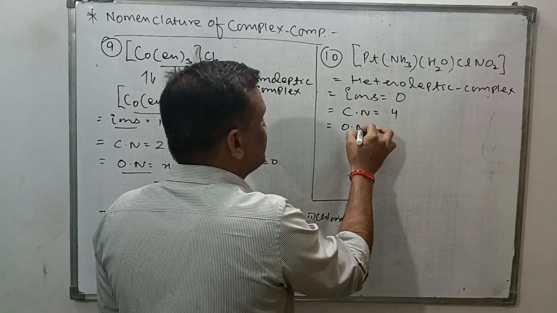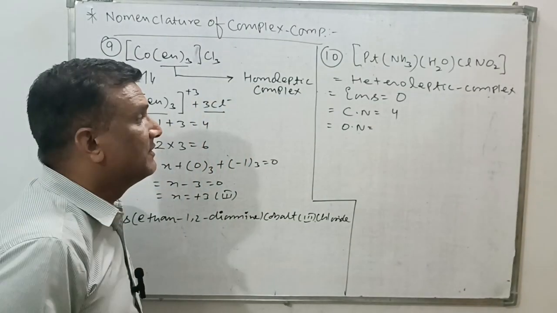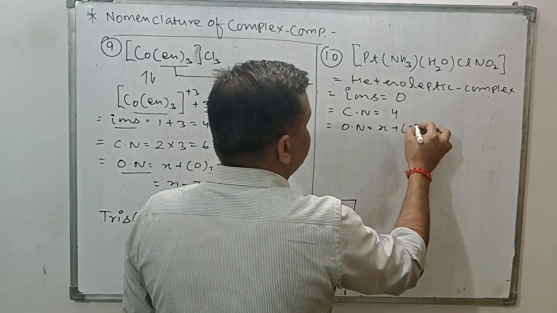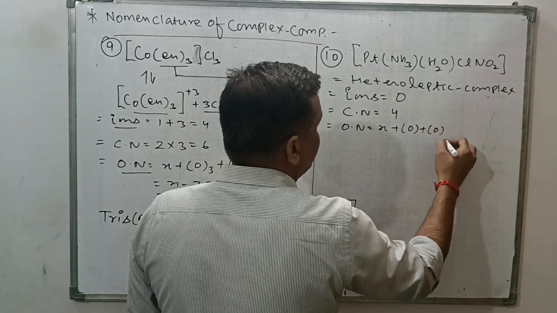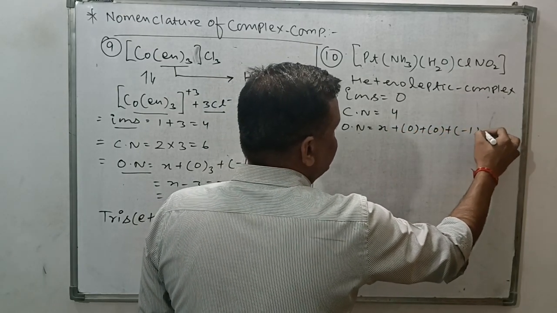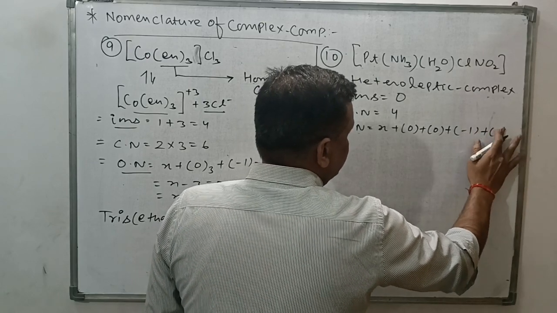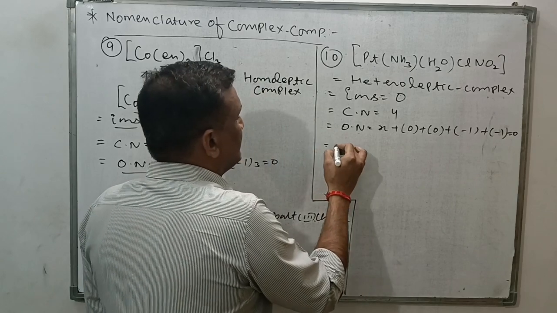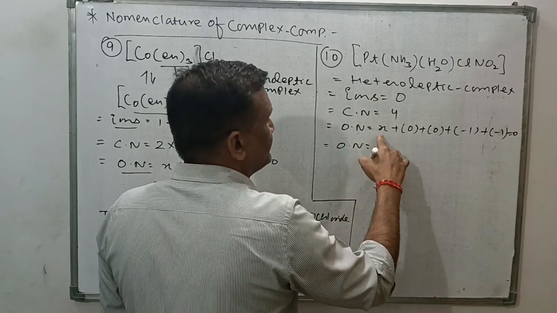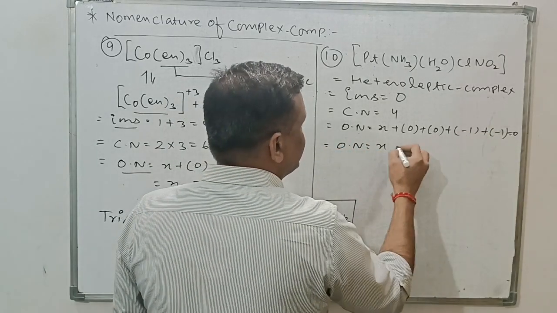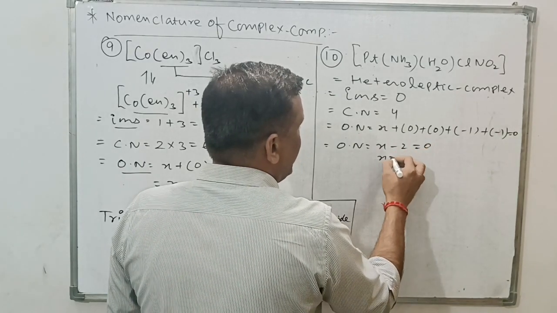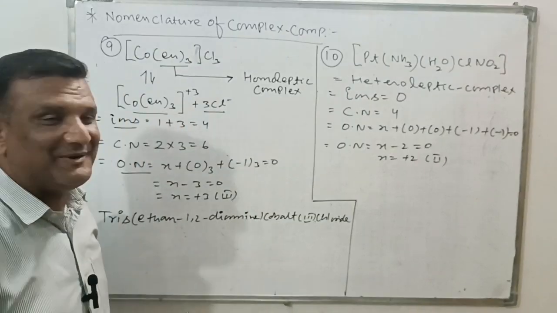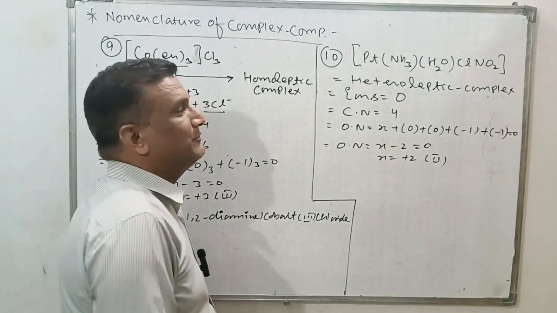Now the oxidation number. For Pt, X, NH3 is 0, H2O is 0, the molecule is neutral, and chlorido and nitro are minus 1 each. So X minus 1 minus 1, minus 2, equals 0, so X is equal to plus 2. That is the oxidation state. Now the name of the compound.